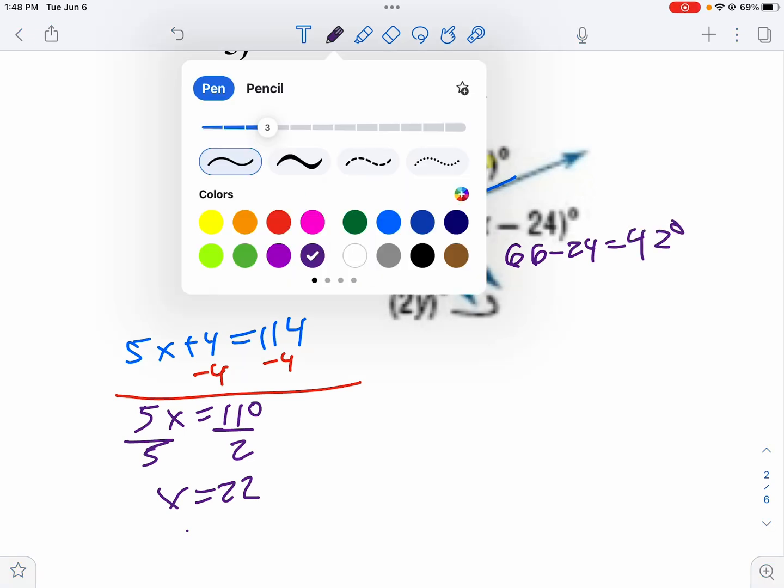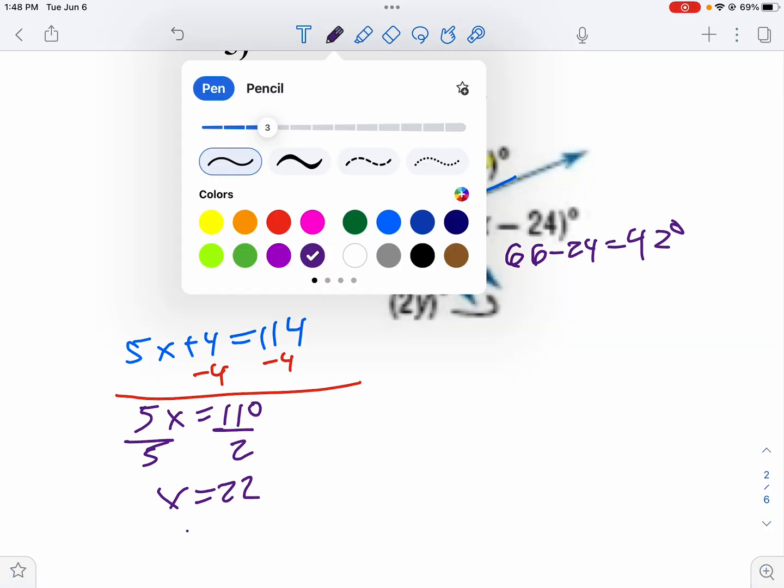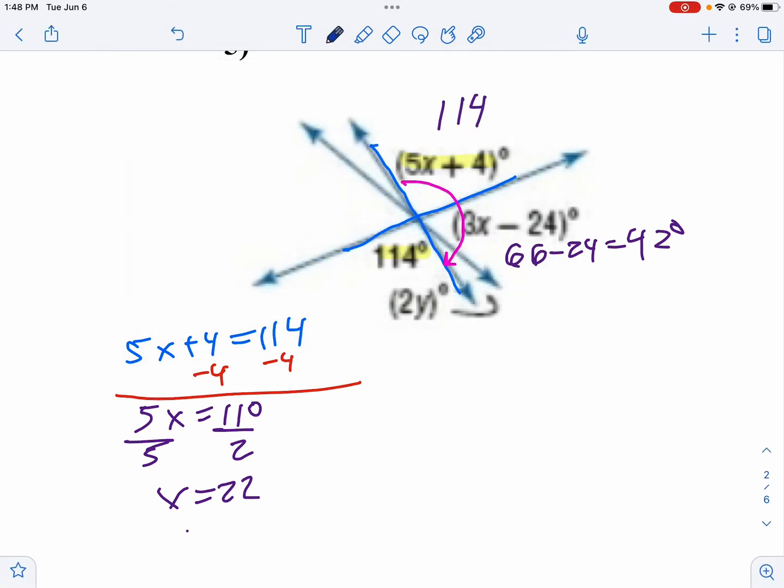Now we're going to use the fact from before: all three of these angles add to 180. So I can say 114 plus 42 plus 2y equals 180.